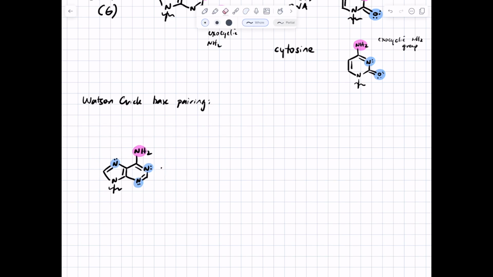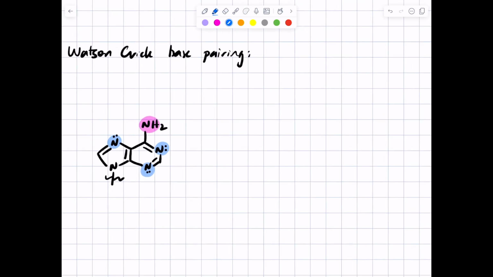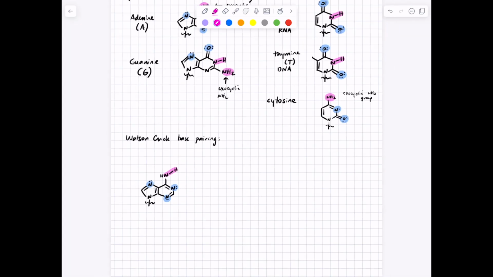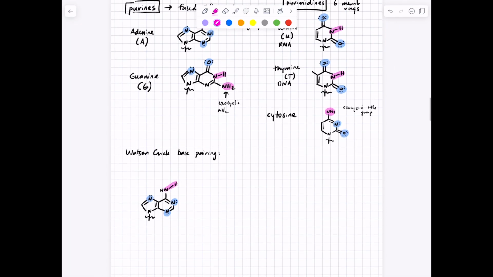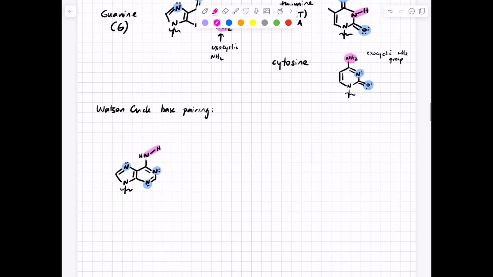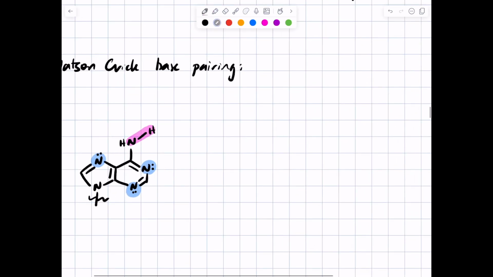All right, so here's an adenine, only here we're going to draw out at least one of the NH bonds. And then let's show the hydrogen bonds in gray.